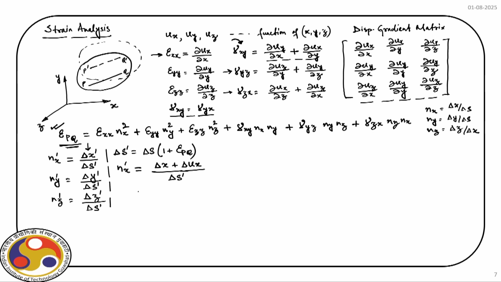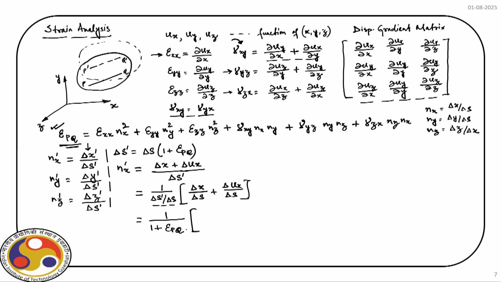Now, if we simplify this expression further, what we have is delta s by delta s prime, and then within bracket we have delta x by delta s plus delta ux by delta s. Now, what is this quantity in the denominator? It is nothing but 1 by 1 plus epsilon PQ, right.